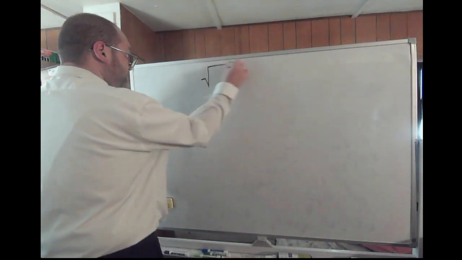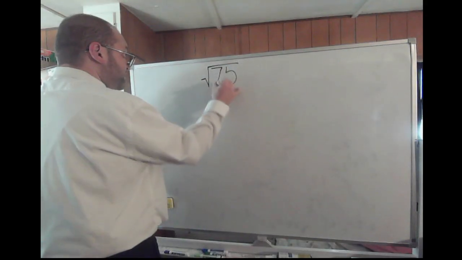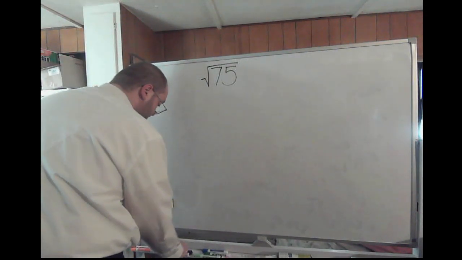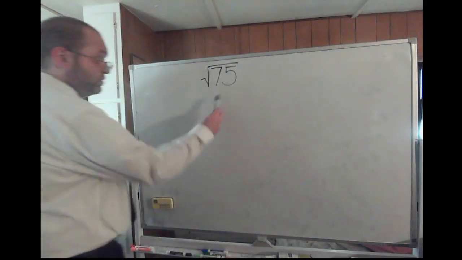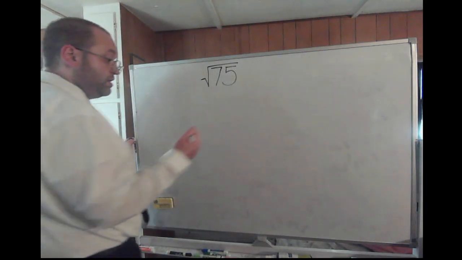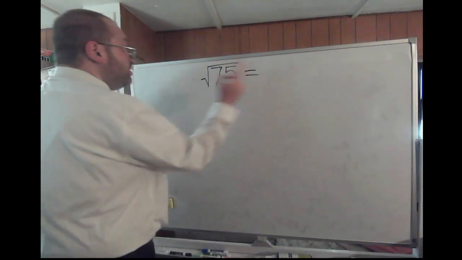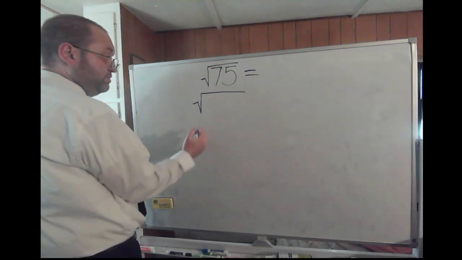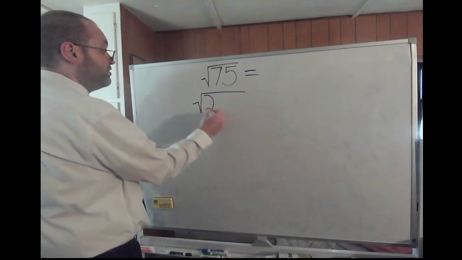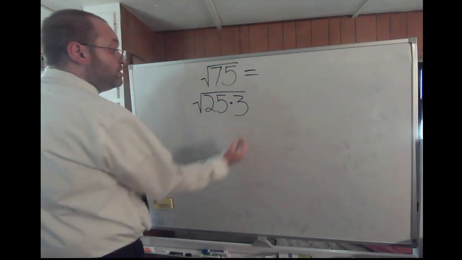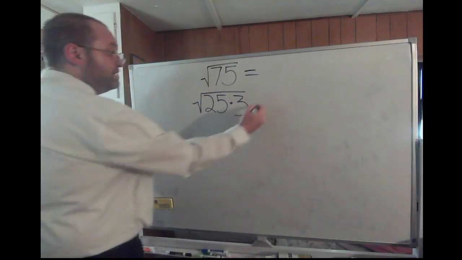How about the square root of 75? So we have here the square root of 75, which we also know is not a perfect square. However, we can break this down into two factors where at least one of them is a perfect square. You can do the square root of 25 times 3, because 25 times 3 is 75.